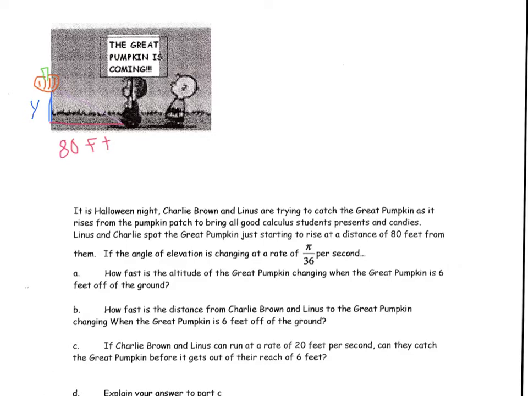Maybe we can make it a little darker. And then that angle is theta. So we're given that d theta dt, because that is the rate that the angle is changing, is pi over 36. And that would be in radians per second.